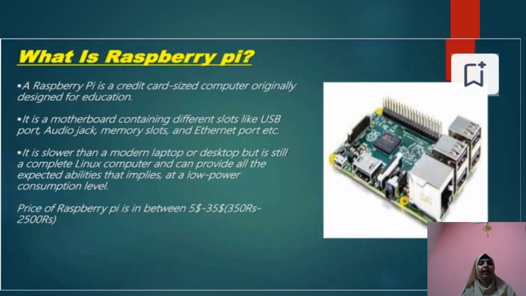So now let's have a look at what is Raspberry Pi. A Raspberry Pi is a credit card size computer originally designed for education. It is a motherboard containing different slots like USB port, audio jack, memory slots and the Ethernet port, etc. It is slower than a modern laptop or desktop, but it is a complete Linux computer and can provide all the expected abilities at a lower power consumption level.